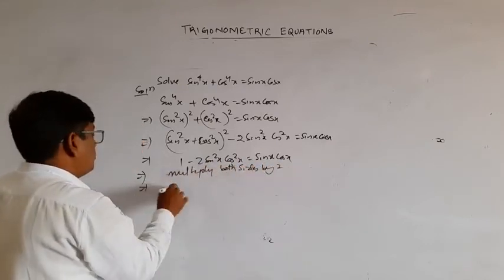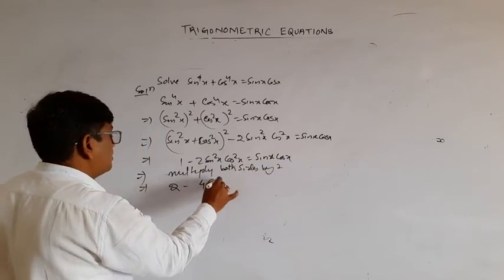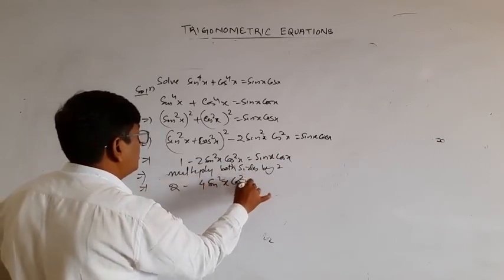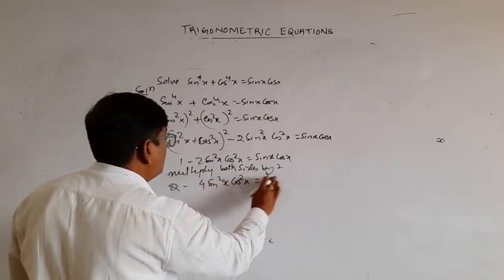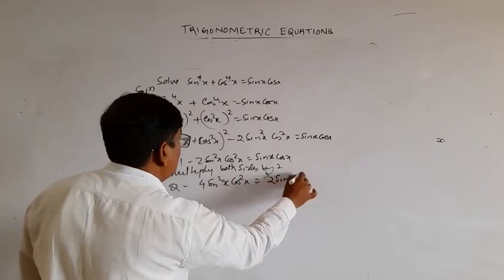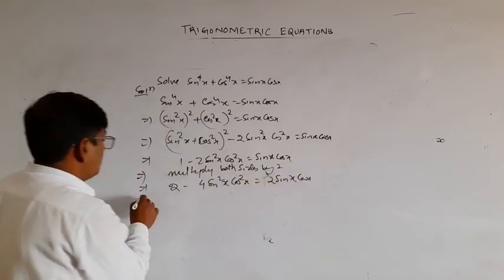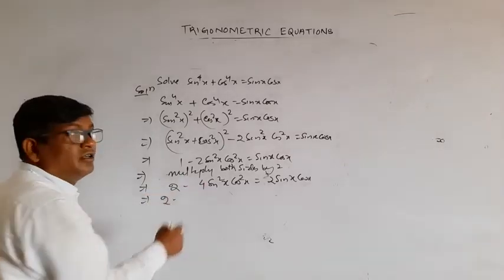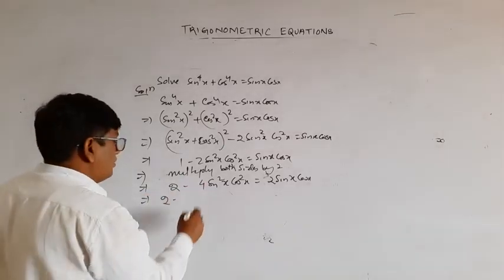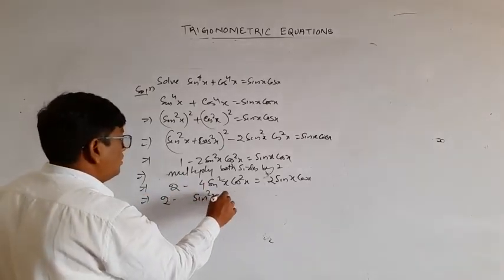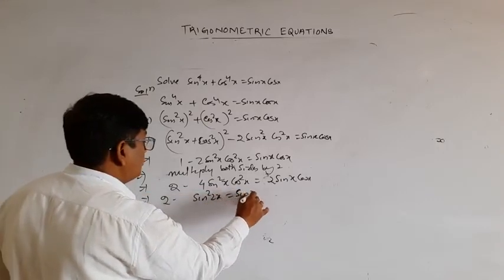So, this is 2 minus 4 sin square x into cos square x is equal to 2 sin x into cos x. This is equal to 2 minus (2 sin x into cos x) whole square. So, 2 minus sin square 2x is equal to sin 2x.